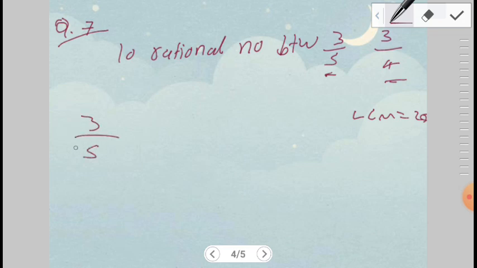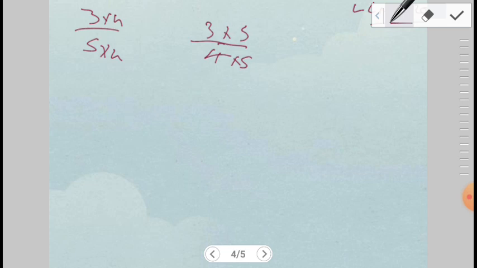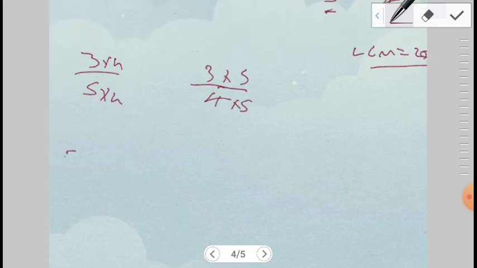So 3 upon 5 and 3 upon 4. Our LCM is 20, so we have to make the denominator 20. We multiply here by 4, so here also 4, and I want 20 here, so I have to multiply by 5, so the numerator is also multiplied by 5. So I get 12 upon 20 and 15 upon 20.